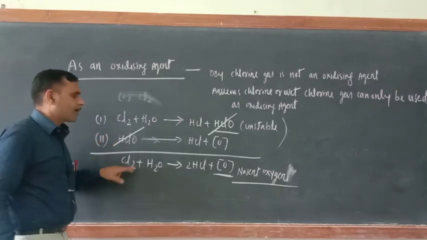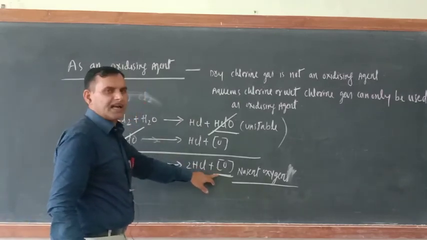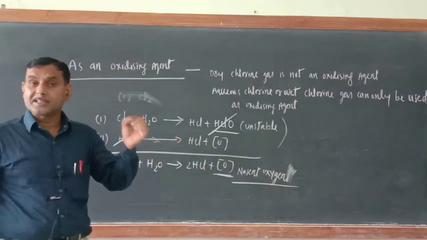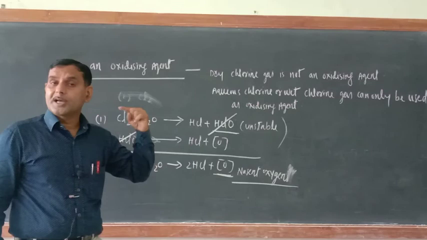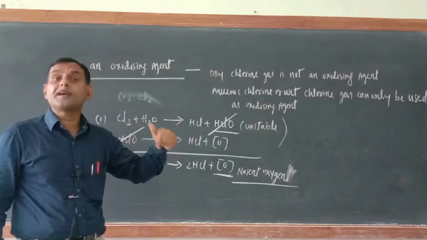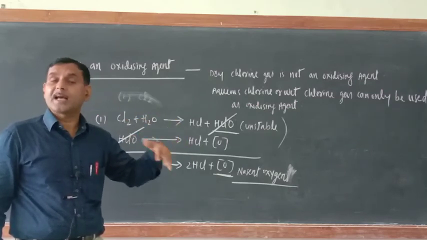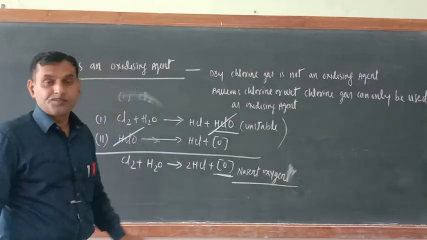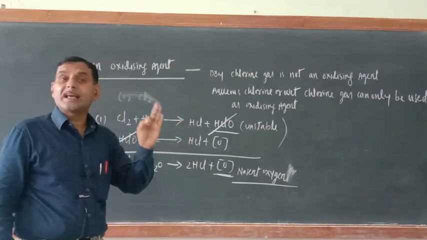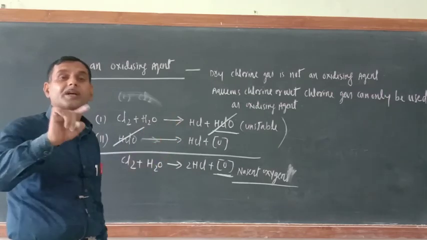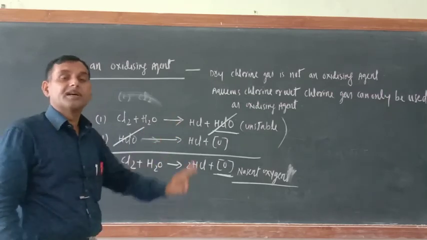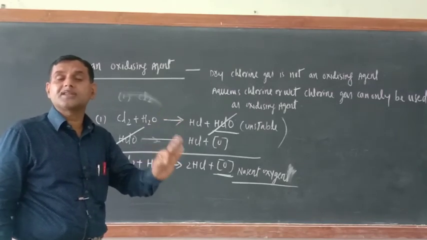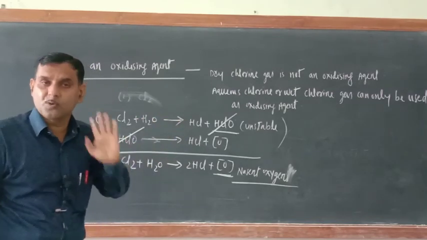Now this nascent oxygen can oxidize many substances like acidic FeSO4, ferrous sulfate, which will be oxidized into ferric sulfate. Potassium nitrite KNO2 will be oxidized into KNO3, potassium nitrate. Sodium sulfite Na2SO3 will be oxidized into Na2SO4.